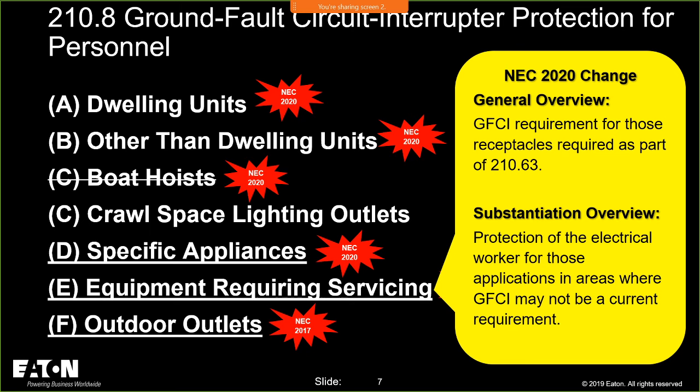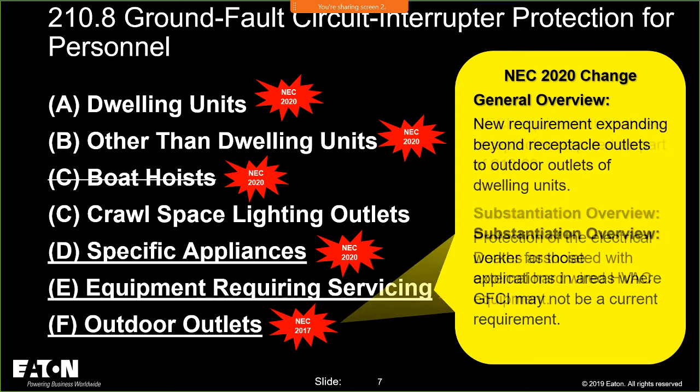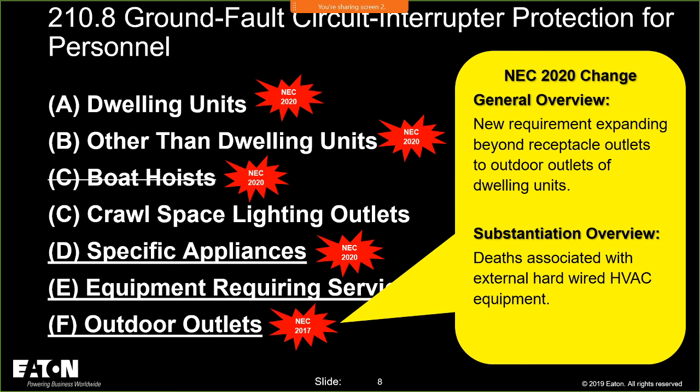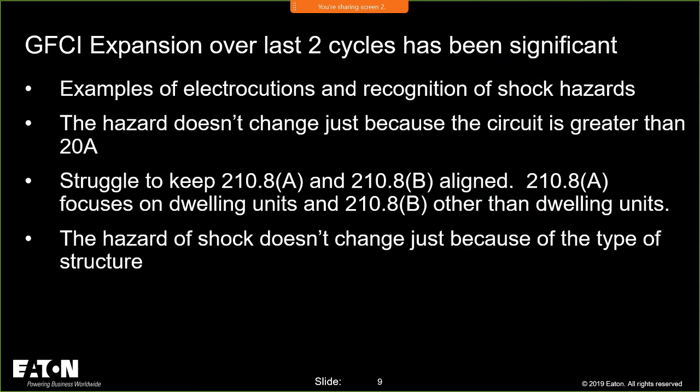So we made some changes to help make that clear, but now we have a requirement that those receptacles have to be GFCI protected, because there are cases where that equipment may not be in an area that already requires GFCI protection. And then we have the outdoor outlets. We expanded to outlets. Now this is why I had that question in there. It's not a receptacle outlet, it's the outlets, and we're going to talk about that as we get through there.